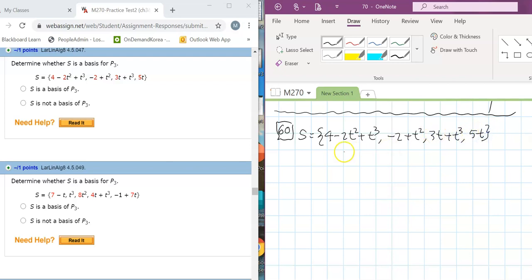We're talking about P3, okay? So P3 has, how many vectors in the basis? 4 vectors in the basis.